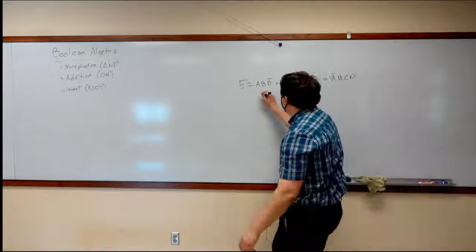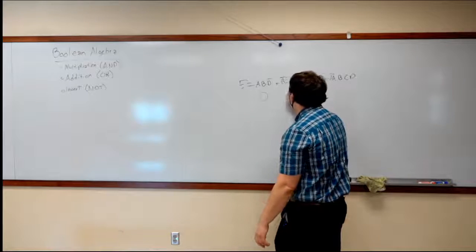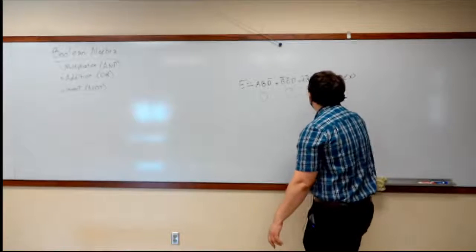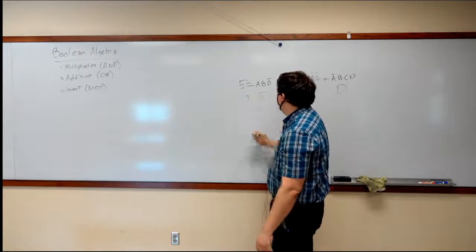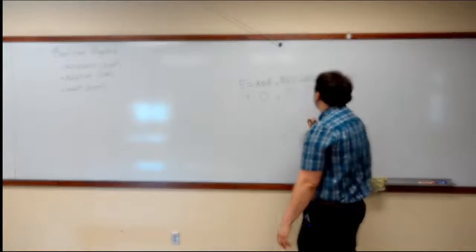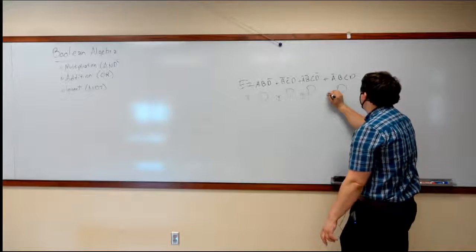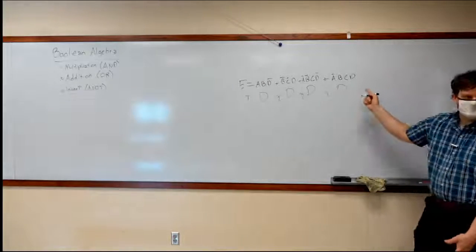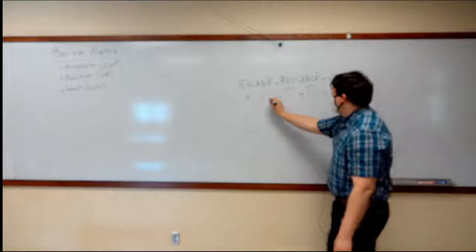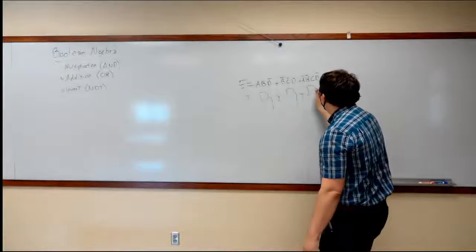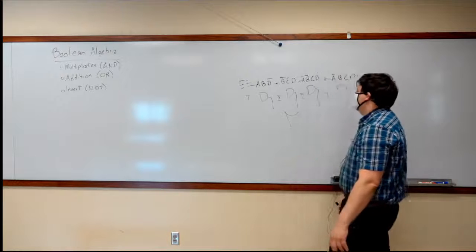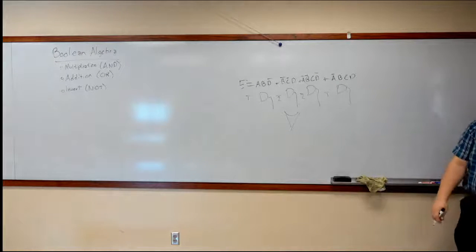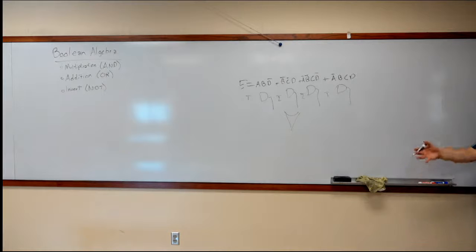This can all be put into one single AND gate, as can this, as can this, as can this. This requires one inversion. This requires two inversions. This requires two inversions. This requires one inversion. And then we plug the outputs of all of these into a single OR gate. And that's our answer.